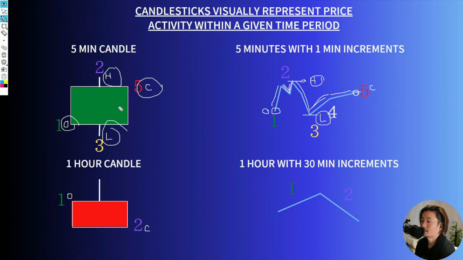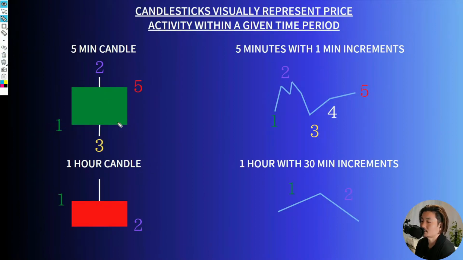In this case, I'm using the color green if price closed above its open, and the color red if price closed below its open. Now, of course, you could change these colors to purple or neon or whatever color you want. However, I recommend a green color for a close higher than the open, and a red color for a close lower than the open, because I would say about 90% of all traders in the world use this color coordination. But that's strictly up to you.